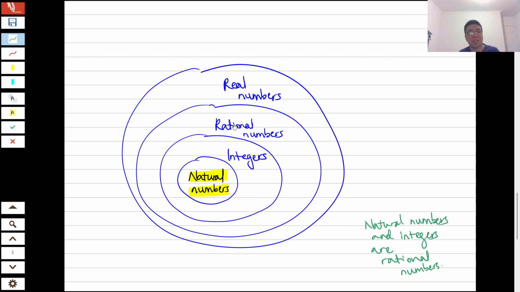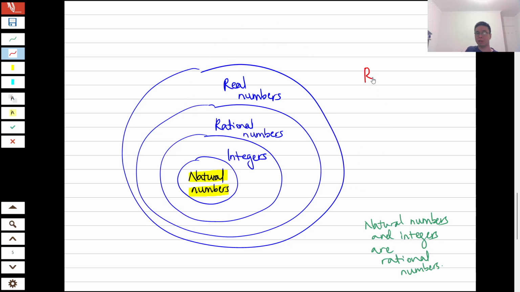But there are some real numbers that are not rational numbers because they're not contained inside that second circle. And what is missing from the rational numbers are the irrational numbers.